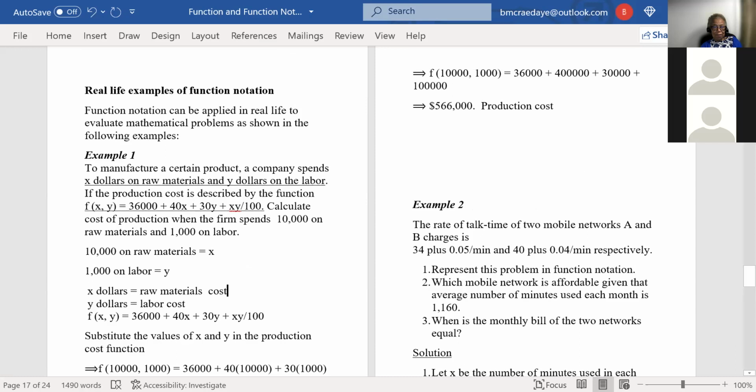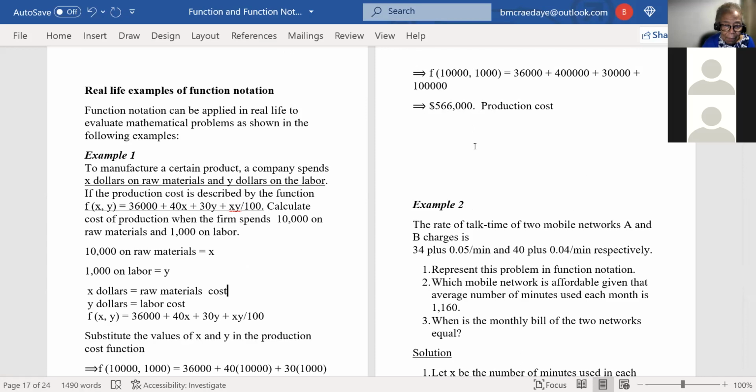So what we have left is 36,000, 40 times 10,000, 400,000, 30 times 1,000, 30,000. Then we just add up everything and we got the total production cost as 566,000. That answer your question, Latoya?